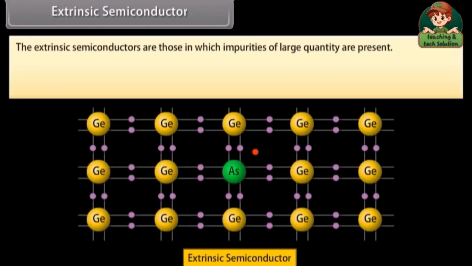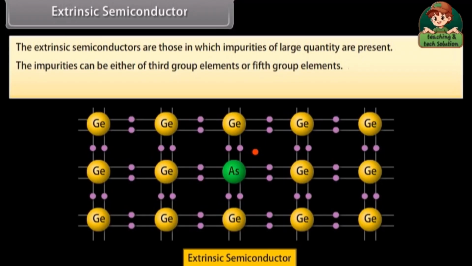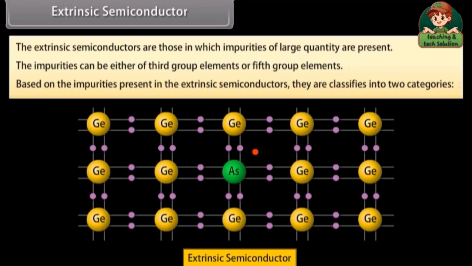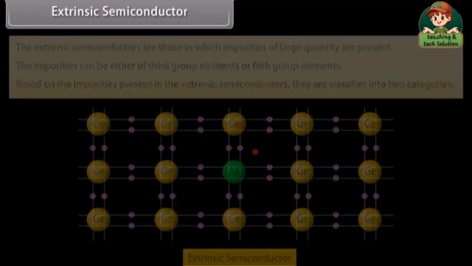Extrinsic semiconductor. The extrinsic semiconductors are those in which impurities in large quantity are present. The impurities can be either third group elements or fifth group elements. Based on the impurities present in the extrinsic semiconductors, they are classified into 2 categories.